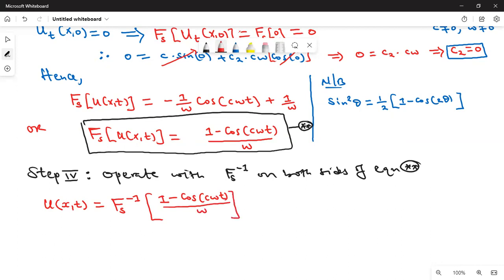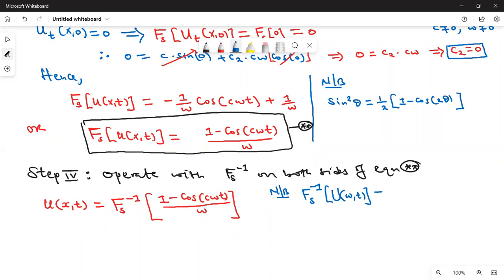I want us to recall the definition of the inverse Fourier sine transform of any given function. Let's take note. When we talk of F subscript s inverse of any function of omega, call it U capital of omega, t.